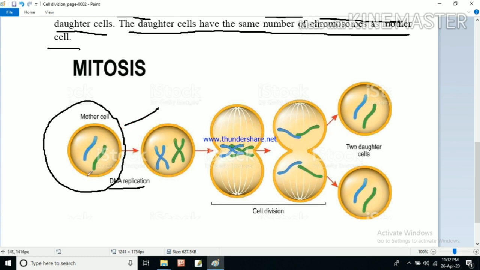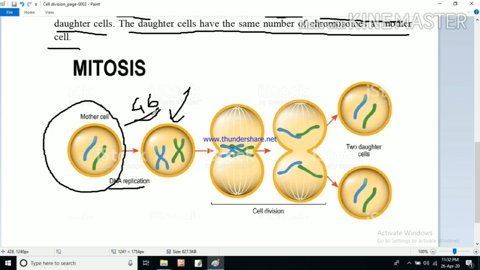In the mother cell, if we have 46 chromosomes, in the S phase this 46 becomes 92. This is the interphase stage. In interphase the amount of chromosomes becomes double.